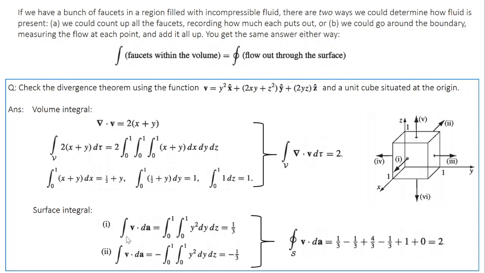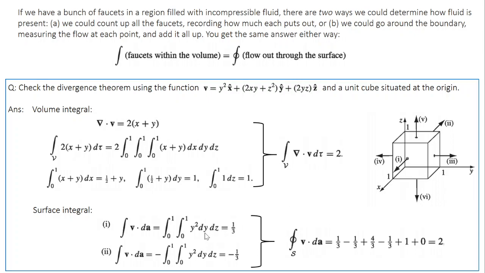Now you have to calculate the surface integral. In total you have 6 boundary surfaces, so you have to compute 6 surface integrals. Let's take boundary surface 1. Look at the direction of this surface. It points in the plus x direction. So let's calculate the surface integral of v dot dA. Now this surface is in the yz plane, so the area element dA is dy dz, and the direction is along the x direction.